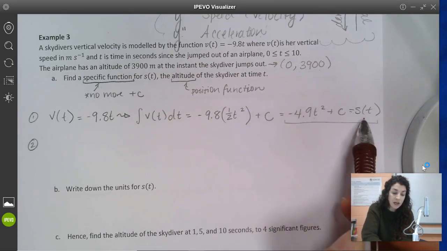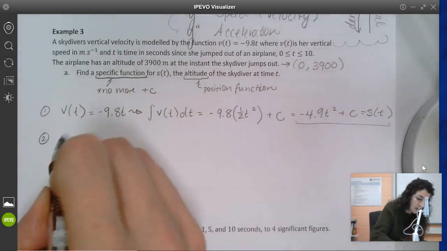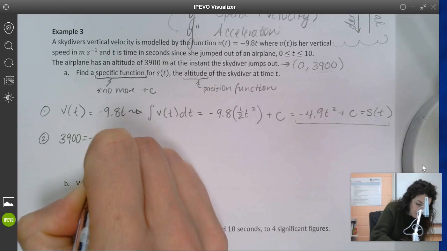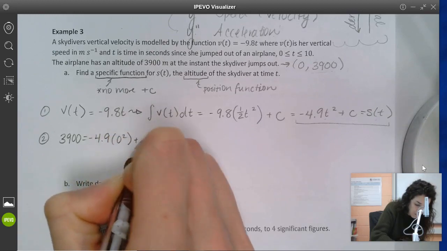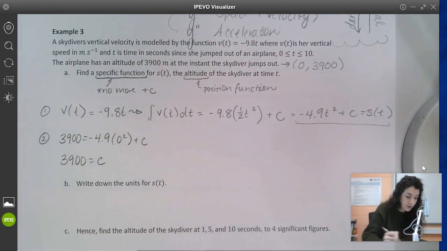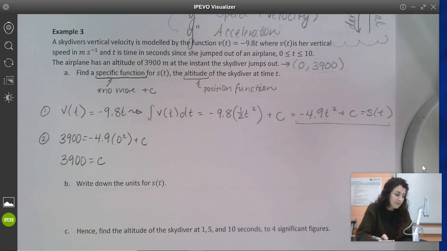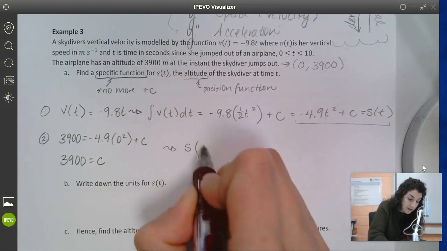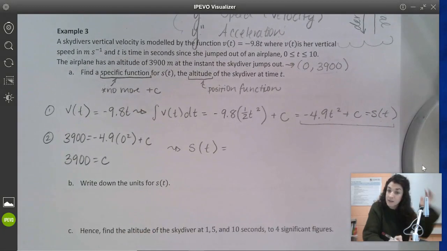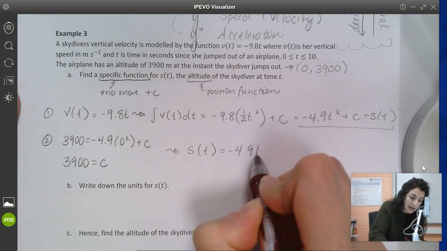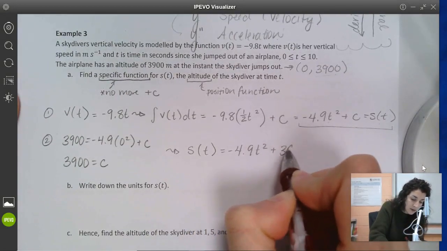We can plug in 3,900 for the displacement. And we get that 3,900 equals c. Now that we have that, we can go ahead and write our final specific equation for this, which is negative 4.9 t squared plus 3,900.